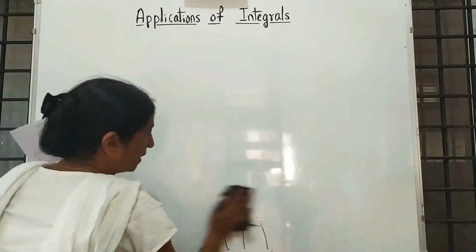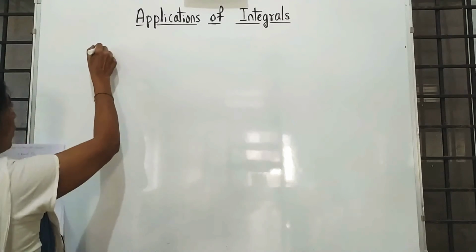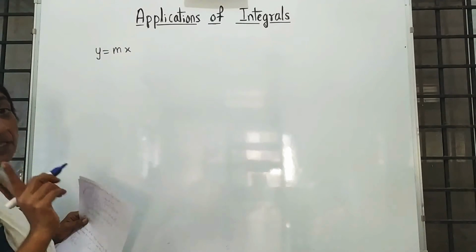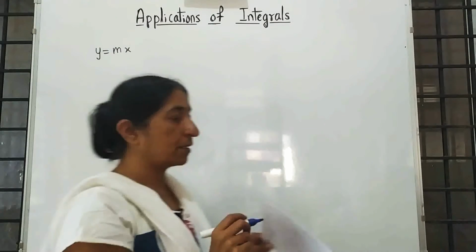If the line is in the form y is equal to mx, it is a straight line passing through the origin. It lies in the first and third quadrant.